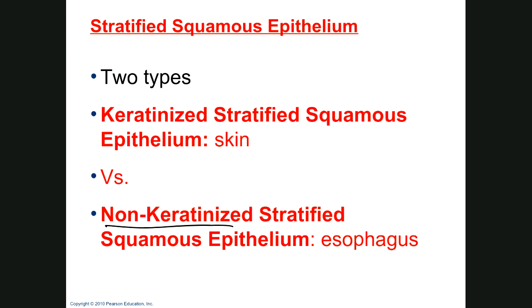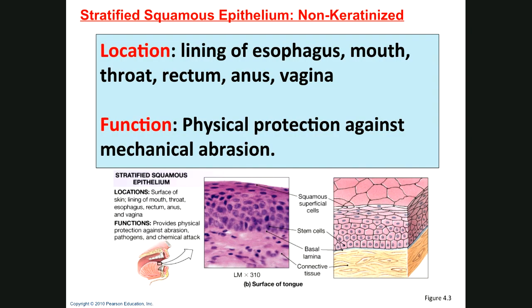They're just going to be regular cells, old cells, dying cells, but live cells nonetheless, which you can still see, or at least a little while longer. You can still see the nucleus all the way to the top of the layers. Non-keratinized stratified squamous epithelium is found lining the esophagus, the mouth, the throat, rectum, anus, vagina.